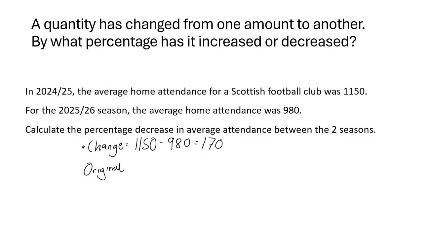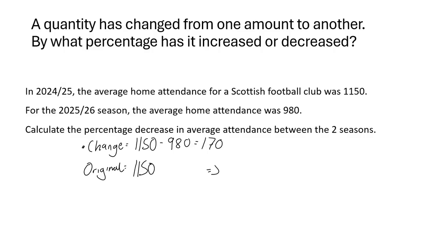Now in this scenario, it's the change from 2024-25 into 2025-26. So that means the original amount that I'm using for comparison is this 1150. It's not the 980 because that's my new amount. Remember, it's the original that we started with in this scenario.